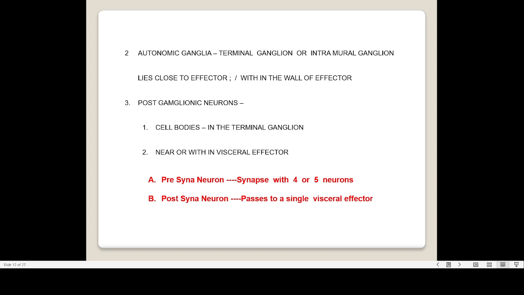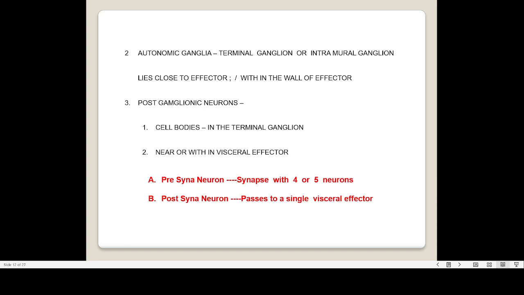Then the autonomic ganglia are called terminal ganglia or intramural ganglia. These lie close to the effector or within the wall of the effector, that is, nearer to the organs or within the wall of the organs. The postganglionic neurons are very short.